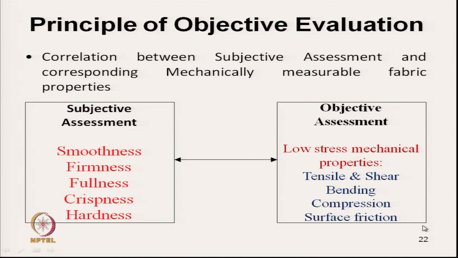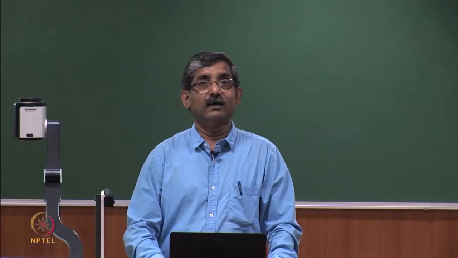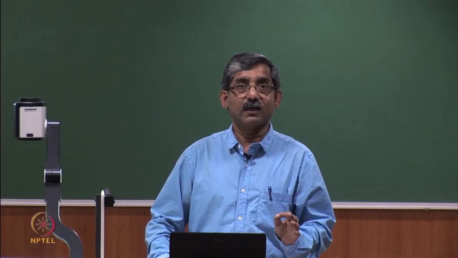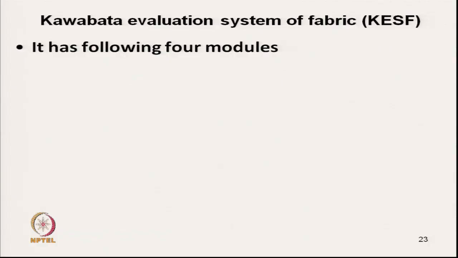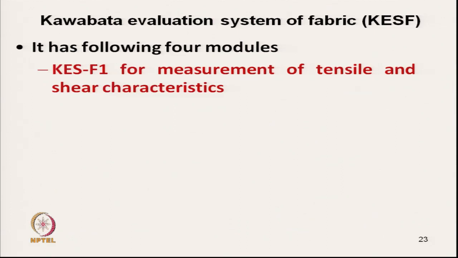If we combine all or some of these objective assessment values, we can predict the subjective assessment values like crispness, fullness. They are directly related to all these low stress mechanical characteristics. We will discuss in detail; the Kawabata Evaluation System has 4 modules. Module 1, KESF 1, is used for measurement of tensile and shear characteristics.